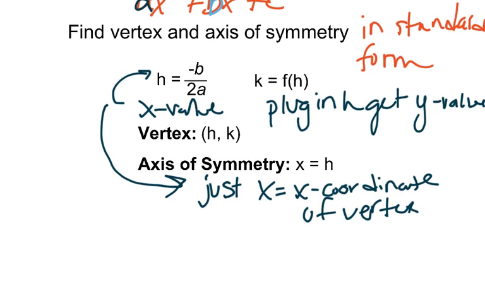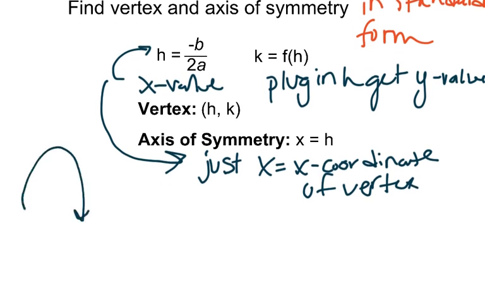Because if you're imagining this parabola, and we know that this is 2, 4, the line of x equals 2 would be the thing that goes through that point and cuts it in half. So again, it's just x equals, in this case, 2, because it's the x coordinate of the vertex. All right.